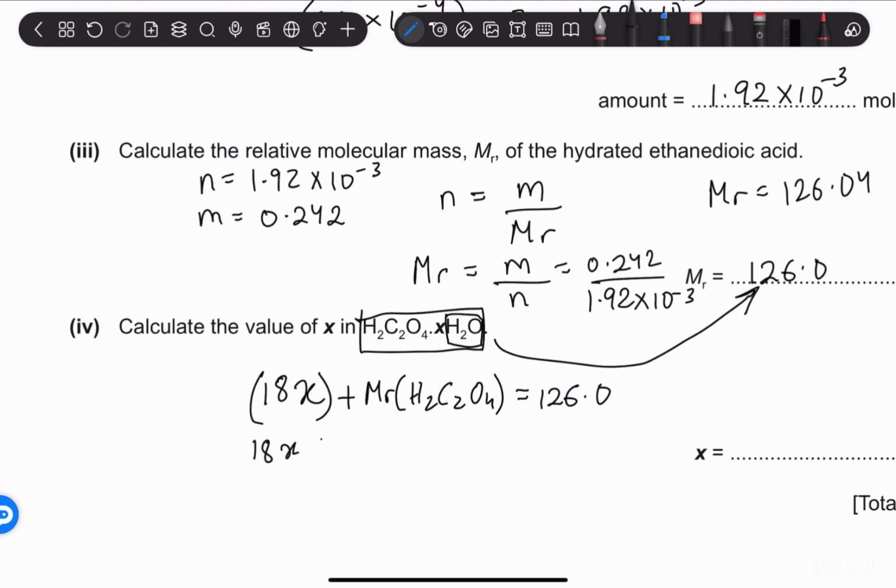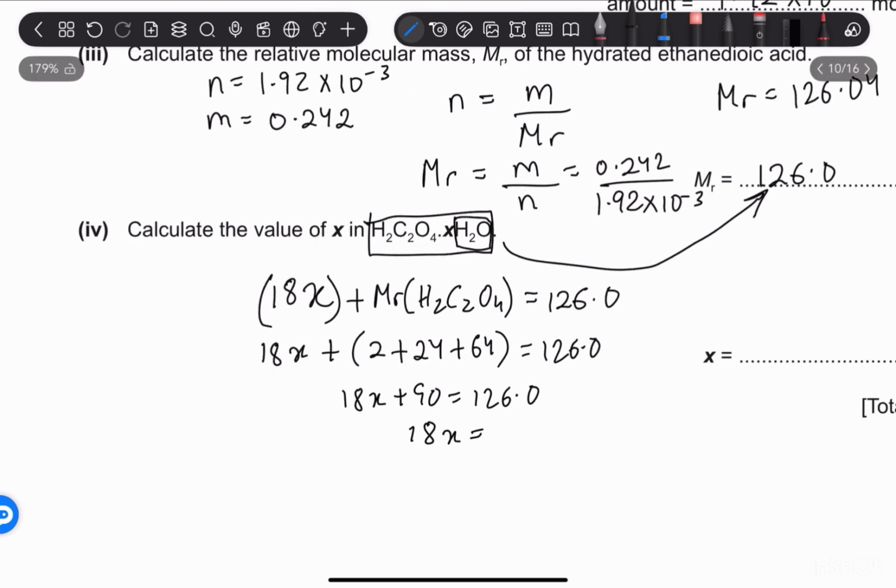In calculating this, the molar mass would be 1 times 2 for the hydrogen, plus 24 for the carbon, plus 64 for the oxygen, and that is 18x plus 90, which is 126.0.